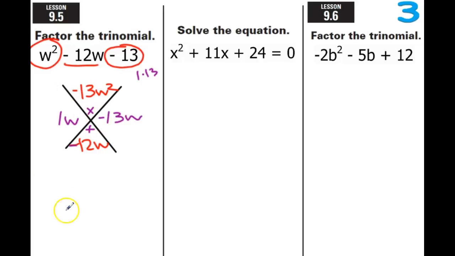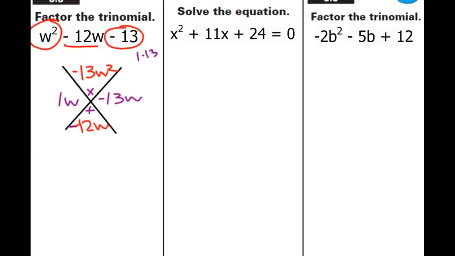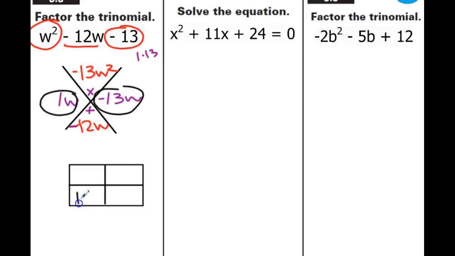So from here, we draw our box, or a rectangle. And these two go on our diagonal, 1w and negative 13w. Our first term comes from our first term in our equation, w squared. Last term in the box is our last term in the equation.